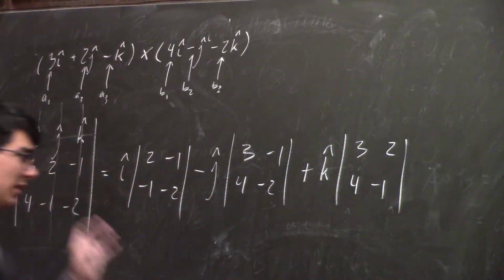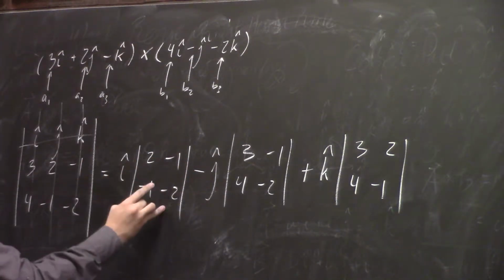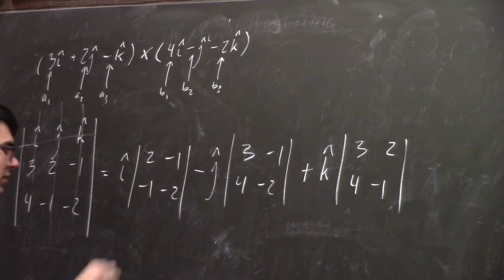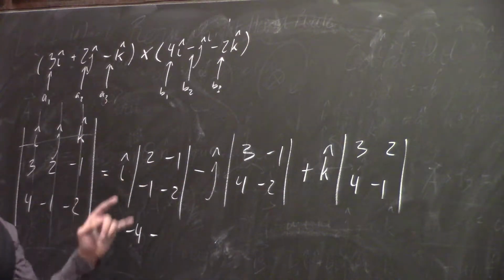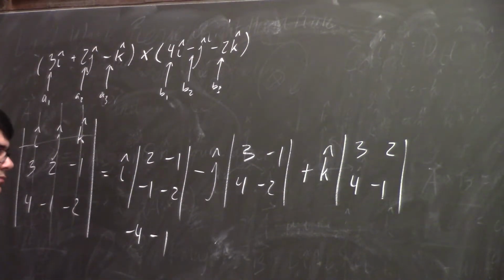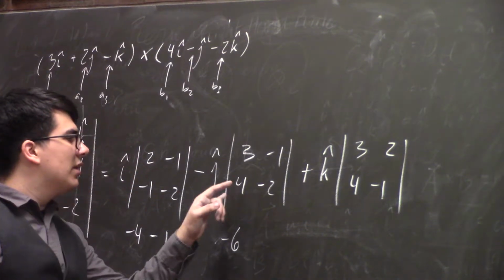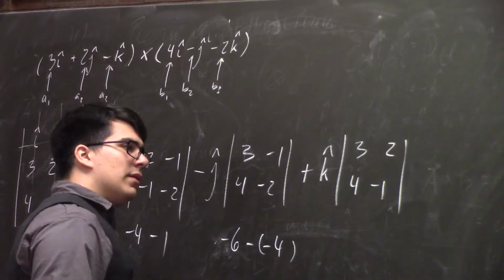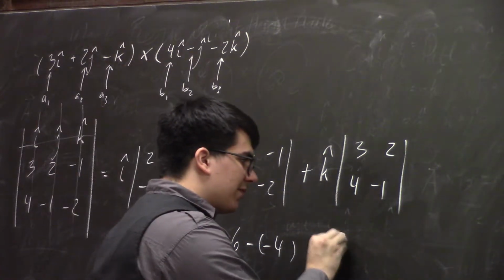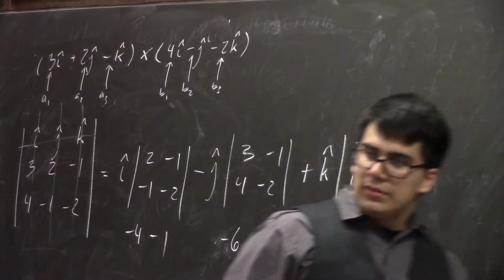Right? And from here, it'll be easy to calculate. 2 times negative 2 is negative 4. And then I'm subtracting minus 1 times minus 1, which is 1. 3 times negative 2 is negative 6, and I'm subtracting 4 times negative 1, which is negative 4. 3 times negative 1 is negative 3, and I'm subtracting 2 times 4, which is 8.